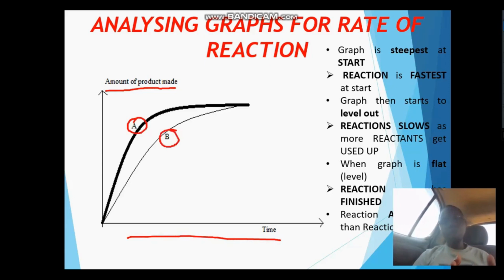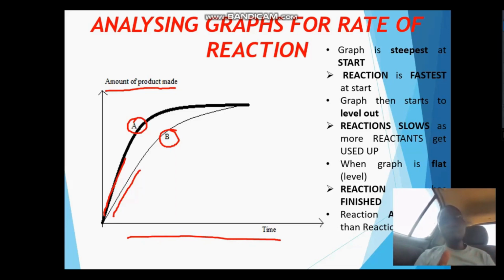Now you note at the start of this graph, the graph here and here, it is sharp. So what does that tell us? At this time, more products were produced in less time.